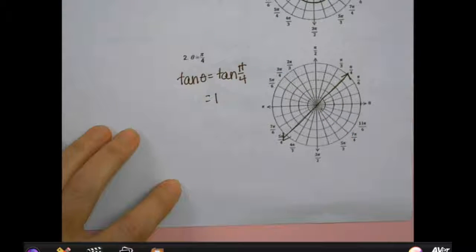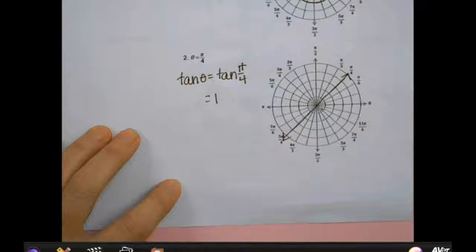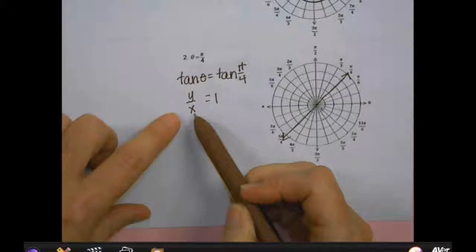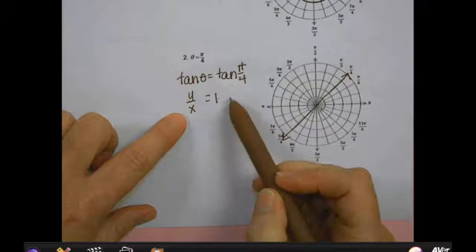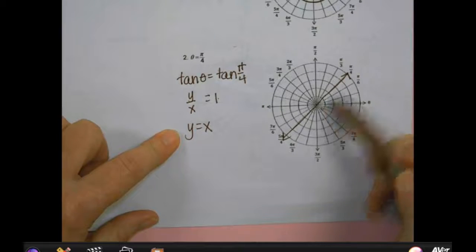Square root of 2 over 2 divided by the square root of 2 over 2. Now, how do I change the tangent to an x and a y? It's y over x. Can I just move the x to the other side so I get y equals x? So look, that's what I got.